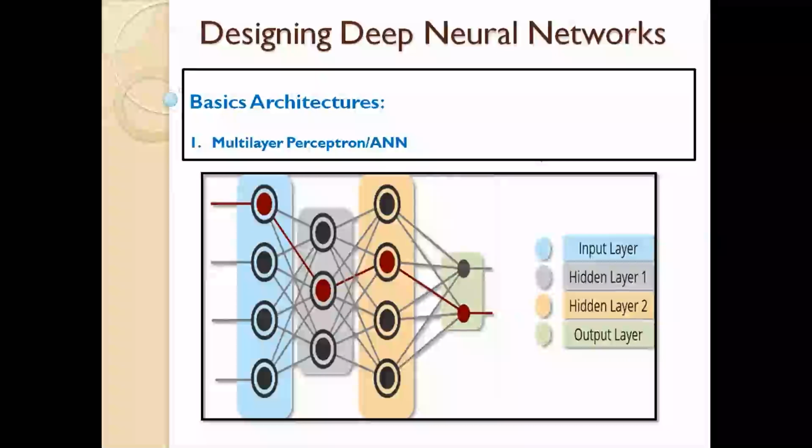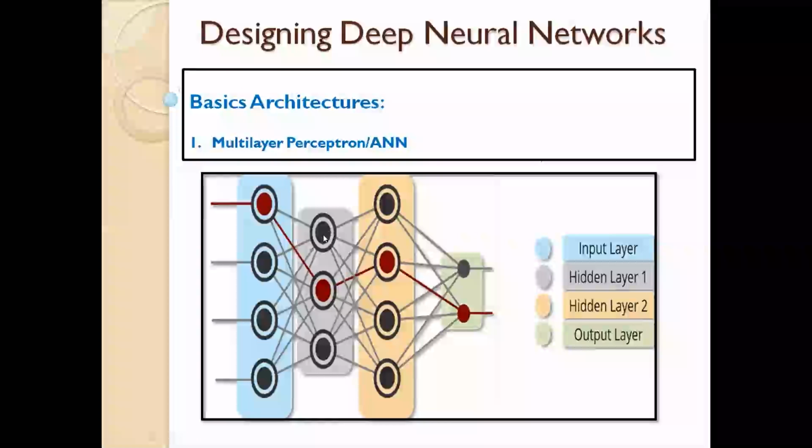Now in this diagram, concentrate on hidden layer 1 so that you understand this. How many neurons are present in hidden layer 1 in this diagram? Very good, 3 neurons. Concentrate only on the first neuron of the hidden layer. On hidden layer 1, there are 3 neurons.